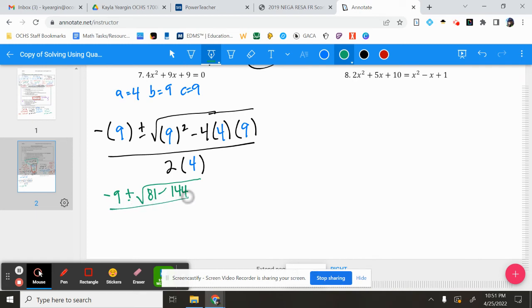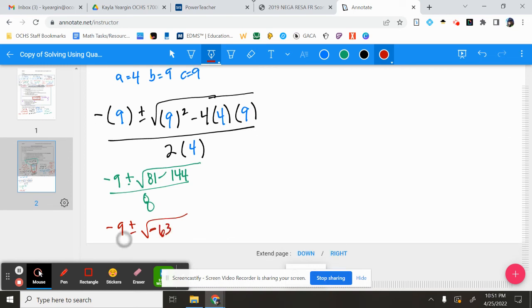And then we just want to divide it by 2 times 4, which is 8. So as we continue to simplify, negative 9 plus or minus the square root. This is going to be a negative 63 over 8.